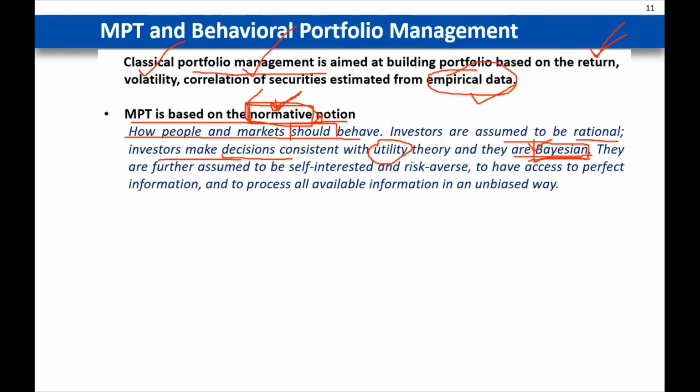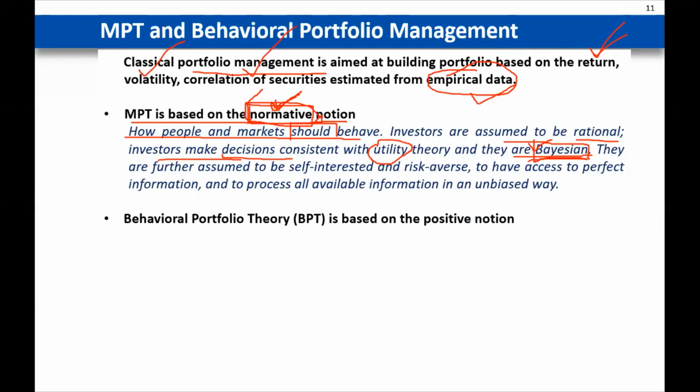Do you think they were Bayesian? No, sir. Because they have not updated their probability. They are still optimistic about the prospect of the cash flows, and they didn't consider the change in the information.